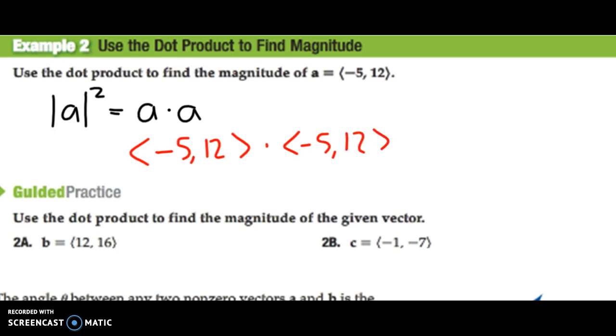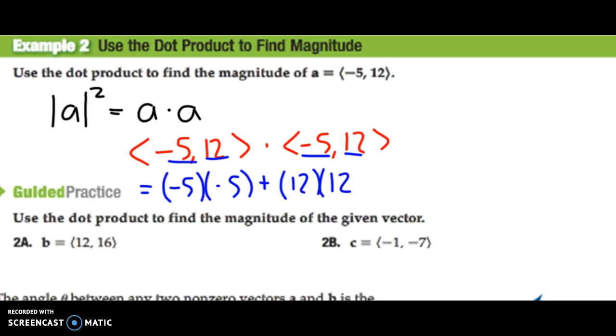Okay, so A1 times A2 plus B1 times B2. So I get 25 plus 144 equal to 169.